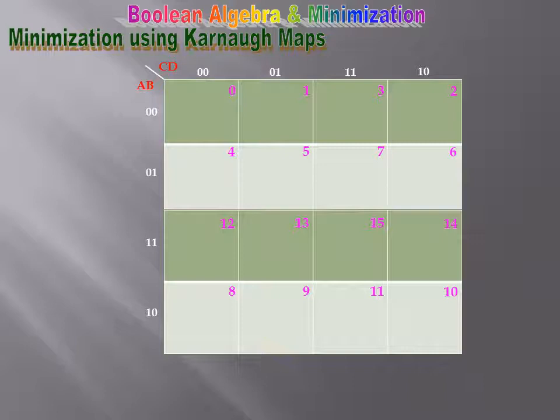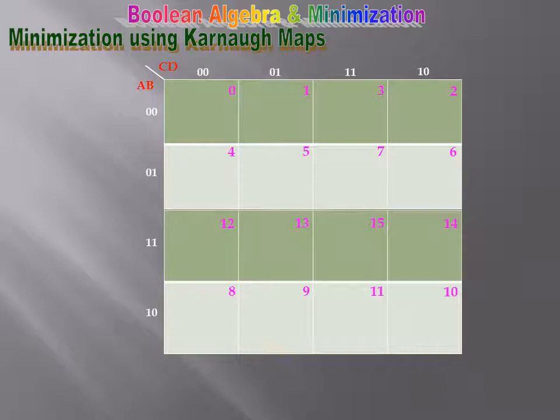If CD represents the column variables and AB represents the row variables, then the first cell will be A bar, B bar, C bar, D bar, or we say A naught, B naught, C naught, D naught. That means 0 0 0 0, that will be 0.